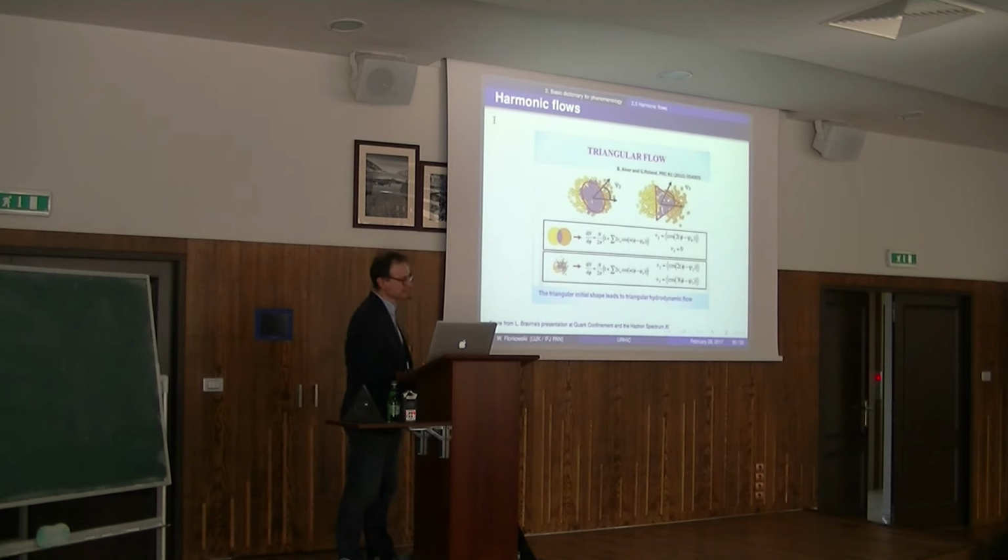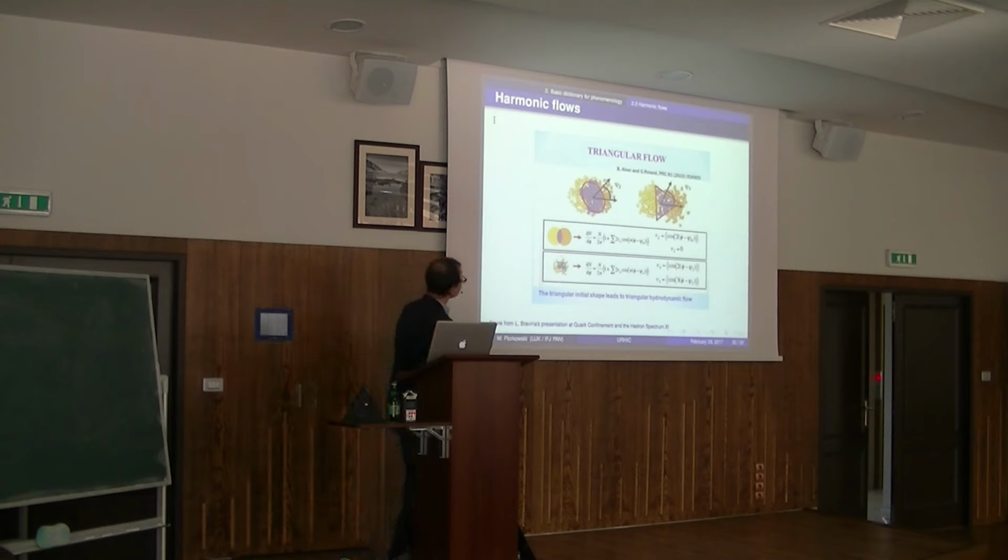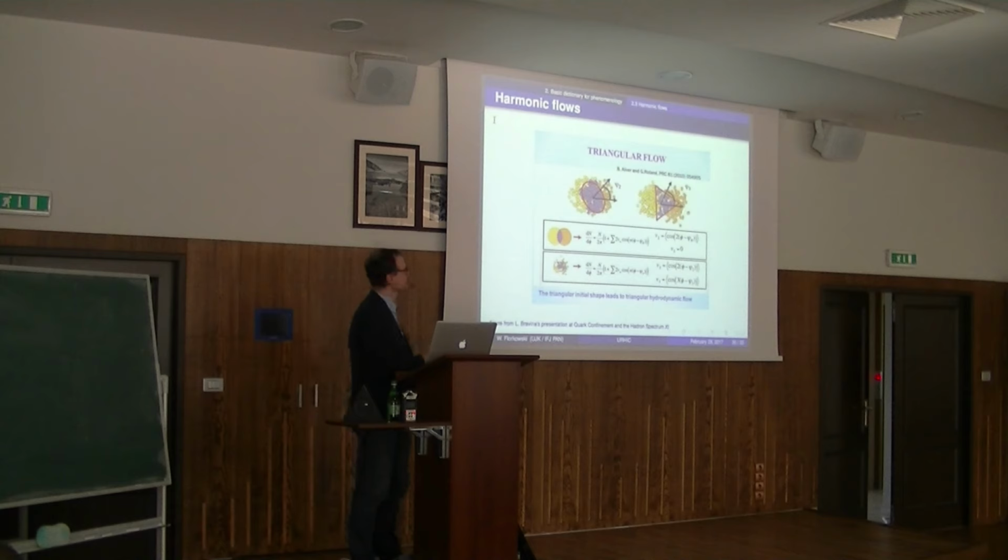For instance, because of nucleons, you can think of them as just randomly distributed within nuclei. So in an actual collision, they can be at different positions. So even if the geometric picture tells you that it is an ellipsoid, it can be completely different shapes.